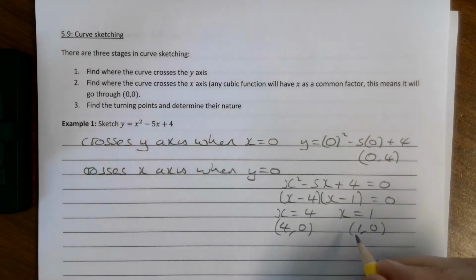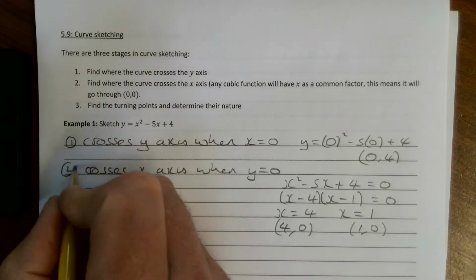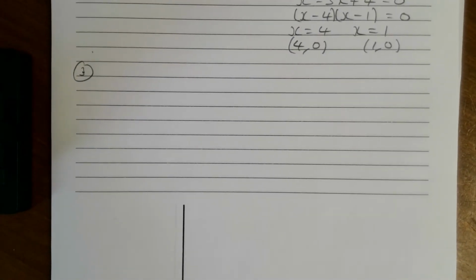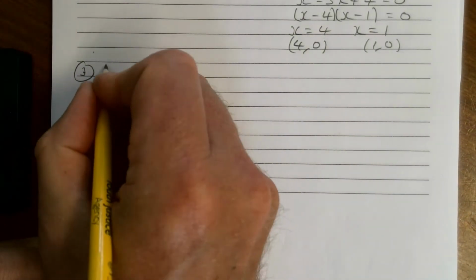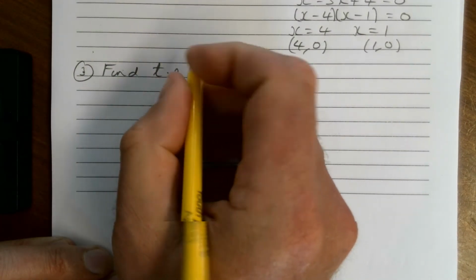Next, we're going to find the turning point. We'll label those 1, 2 and 3. That might be helpful. Find turning points.